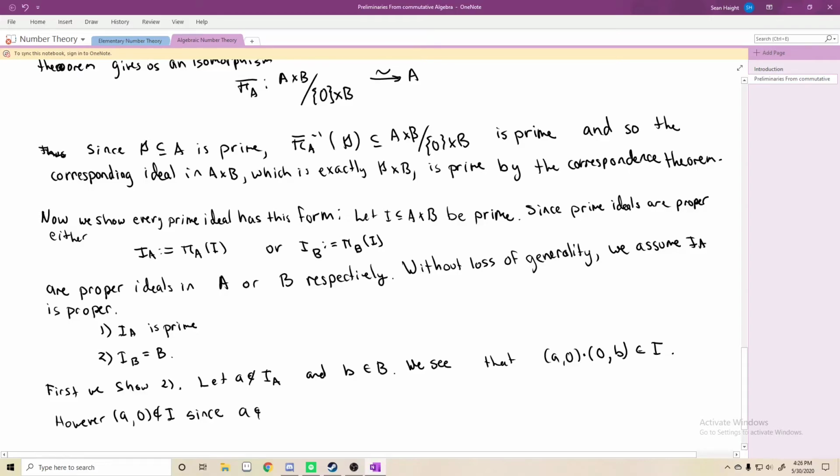Since A is not in I sub A, which is basically the set of all the first coordinates of elements of I. Okay, since I is prime, B is necessarily in I sub B. This element 0B is in I, therefore B is one of the second coordinates of an element in I. Since B was arbitrary, this necessarily implies that I sub B equals B.